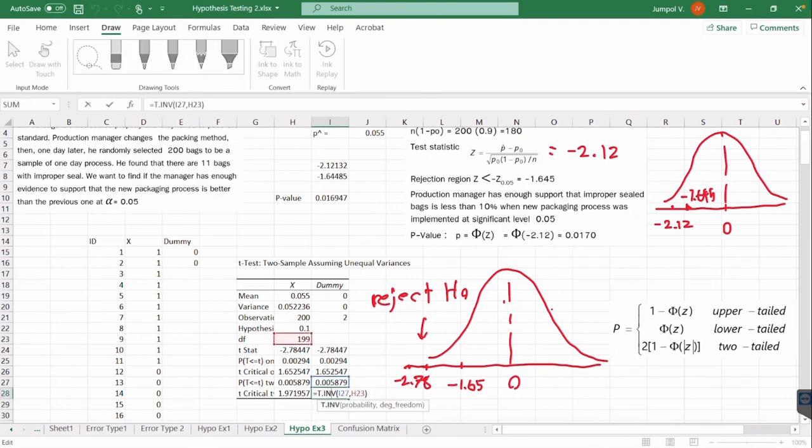Oh, the probability is going to be this one divided by 2. T critical is T.INV open parenthesis 1 minus 0.05 divided by 2, and the degrees of freedom is 199.